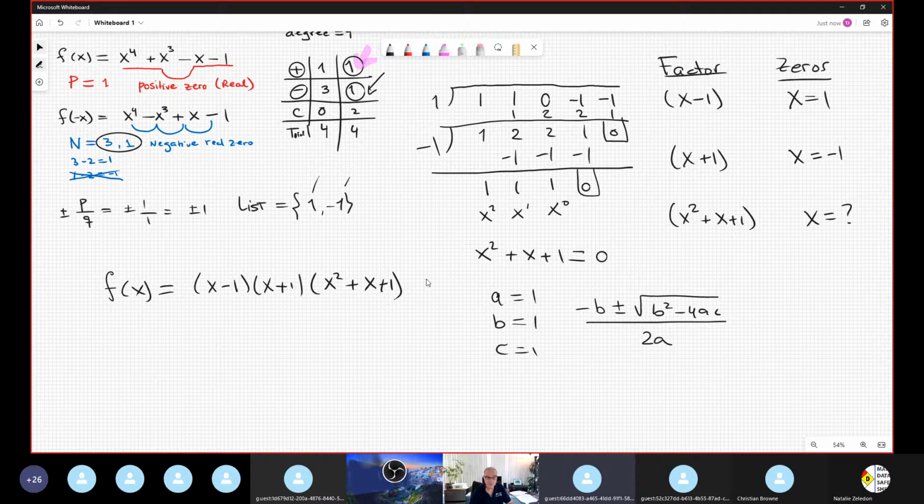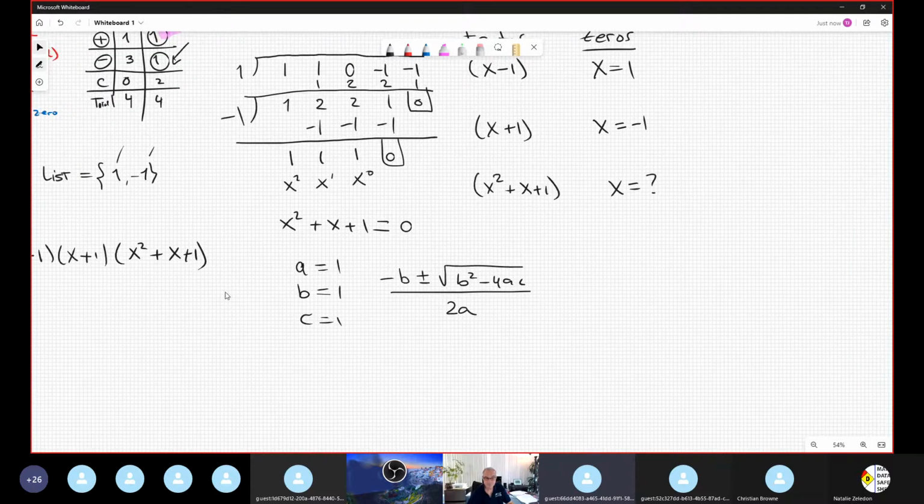So it's -1 plus and minus square root 1 squared minus 4 times 1 times 1, because everything is 1. A is 1, B is 1, and C is 1, divided by 2 times 1.